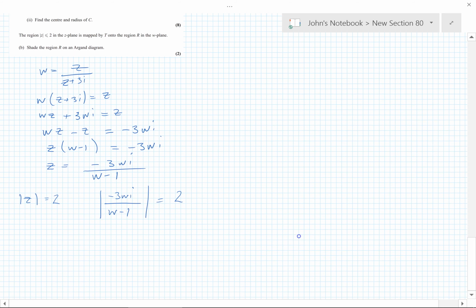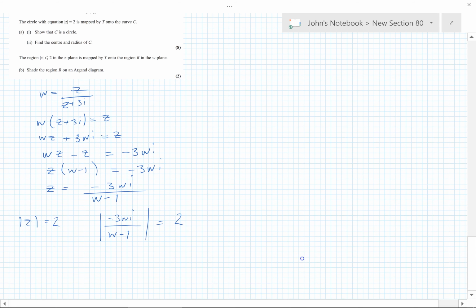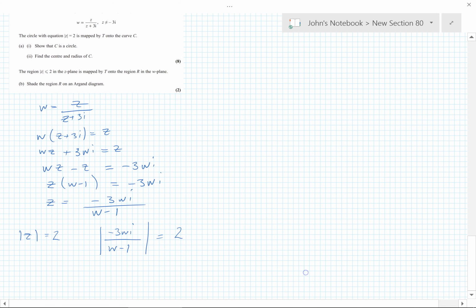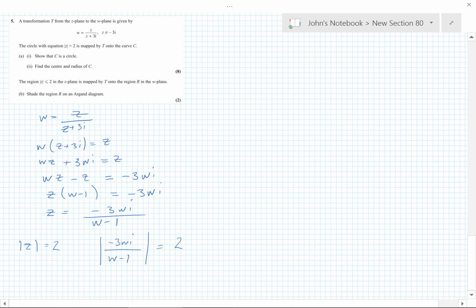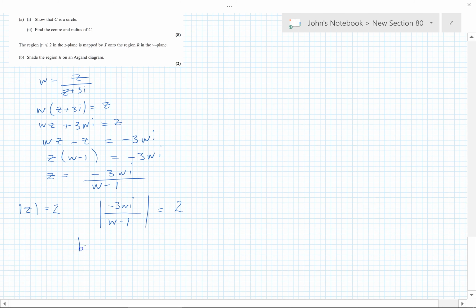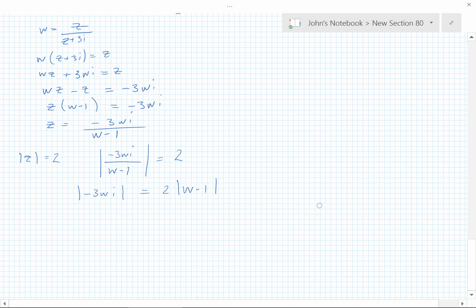Okay, right, and so the mod of minus 3wi is equal to 2 times the mod of w minus 1. This clearly is going to be a circle.